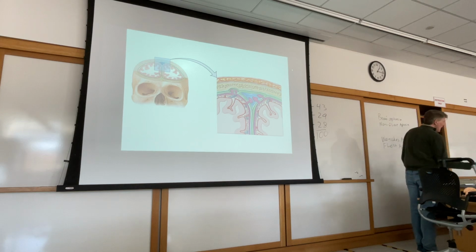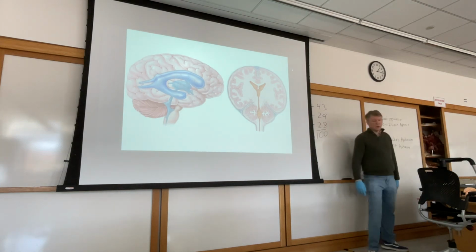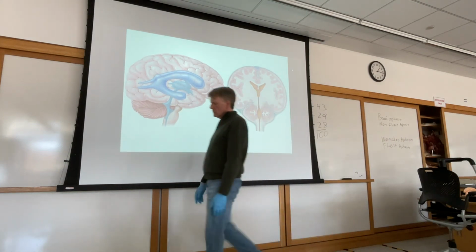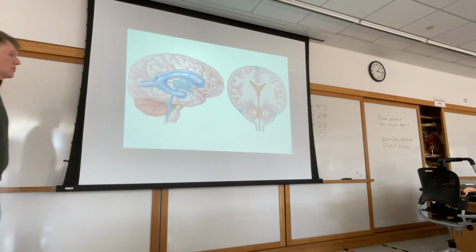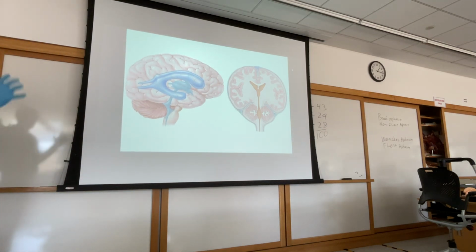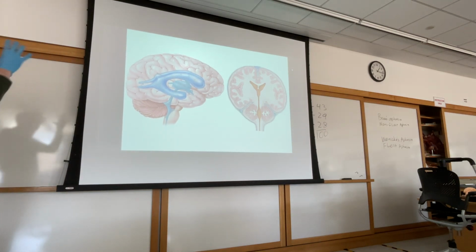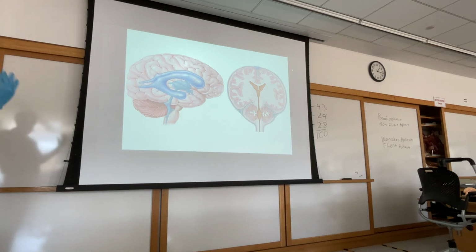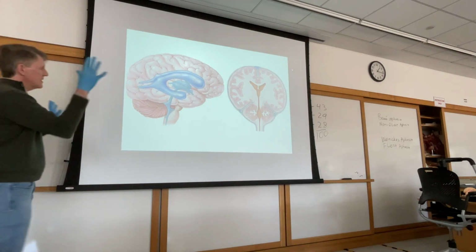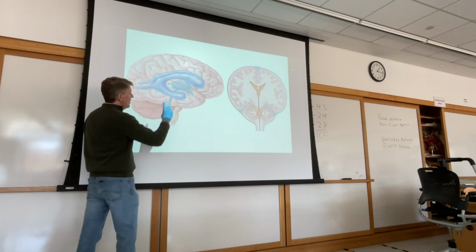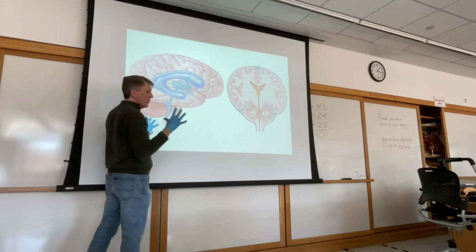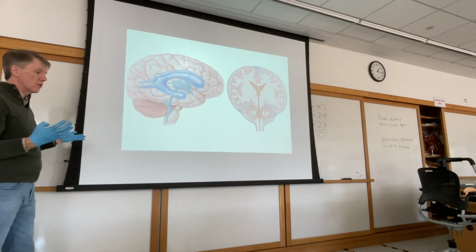The other thing that I can't really show you, well, I can, but let me show you this anyway, are the ventricles. You can see the ventricles on the plastic model. I'll show them to you, but I think it's nice to get a view like this where you can see the big picture projected. So on a sideways view of the brain, you'd have these two big things that look kind of like the letter C. Those are going to be the lateral ventricles.